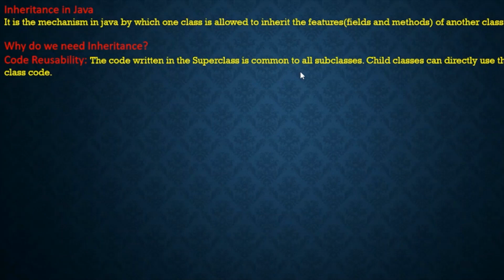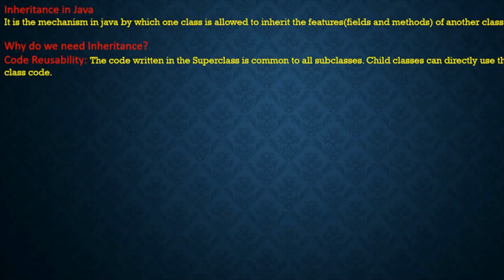throughout this inheritance. Okay. So usually the code written in the superclass is common to all subclasses. By the property of inheritance, the subclass is going to inherit the properties of the superclass. Okay.